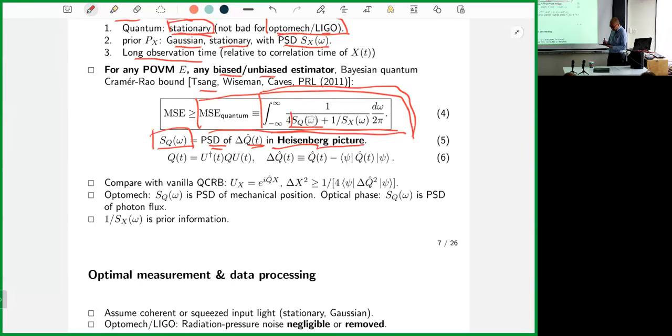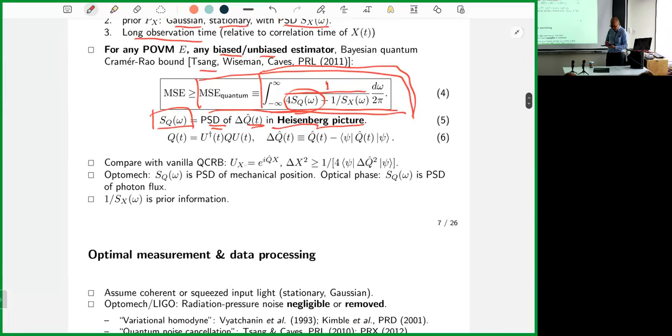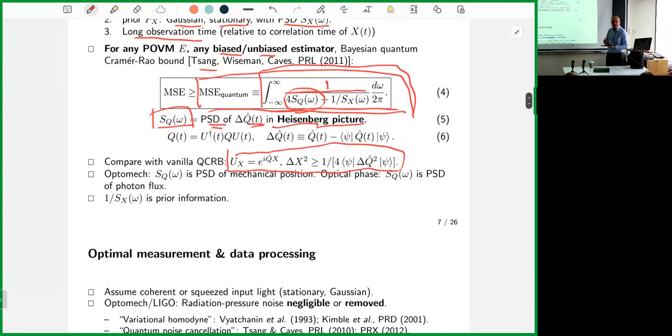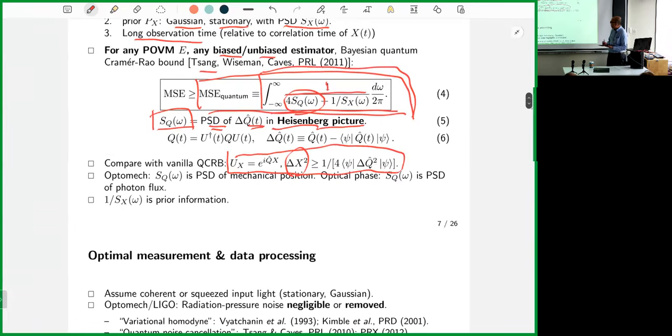The integral looks kind of scary, but roughly speaking, it's one over the power spectral density of the generator. If you compare it with the simple case of the quantum Cramér-Rao bound, you see a similar feature, that the precision is one over the variance of the generator in this very simple case. And in the dynamical case, we just have a generalization of this uncertainty relation, but it's in terms of the power spectral density of the generator.